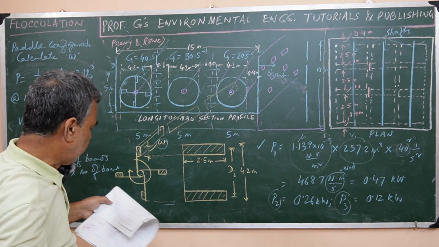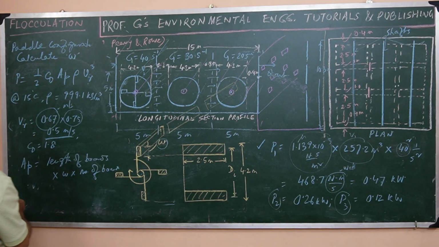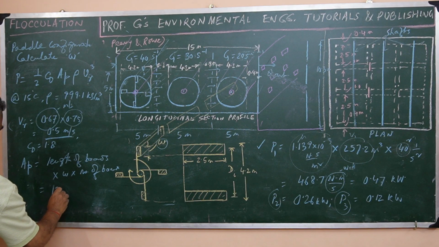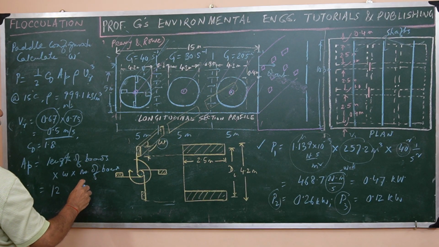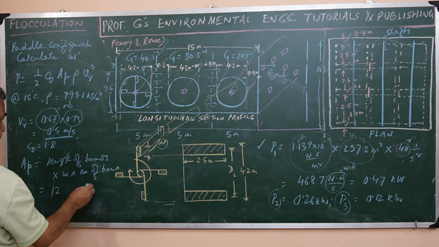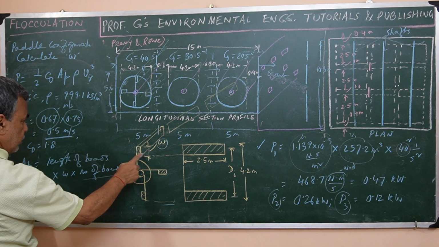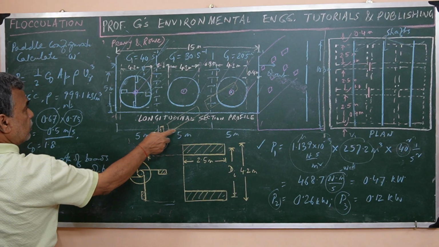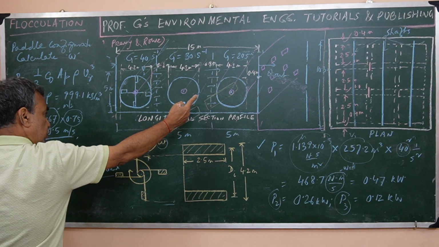Now, your paddle area AP will be 12, that means 12 boards will be there, number of boards, that is 12, that is 4, next segment 4, next segment 4.